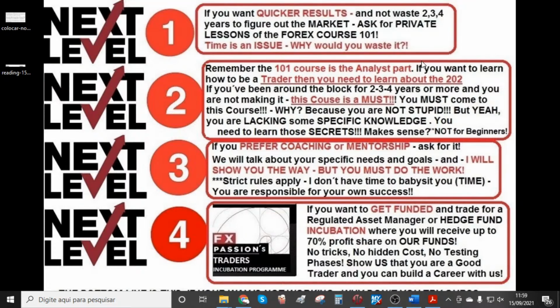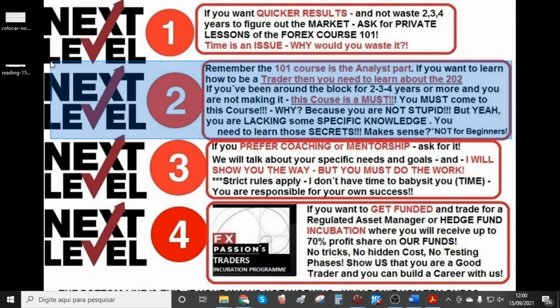Forex Course 101 is the analyst part. It's the easy stuff. Trend lines, Fibonacci's. Did you notice, everybody, that in an investment bank or a big broker house, you have analysts and you have traders? Traders are a different breed, everybody.